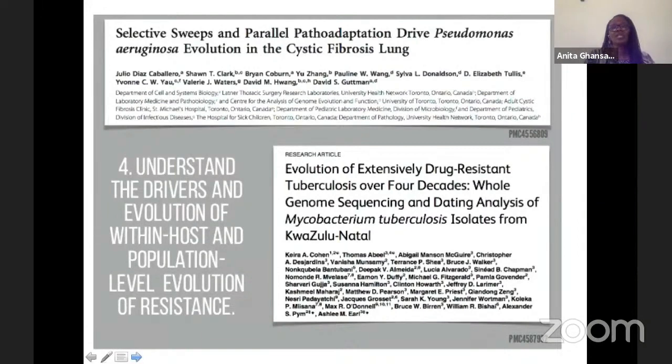And within the host, we look at heterogeneity within an individual with respect to the population. So if there is higher heterogeneity in the individual compared to the population, it may be interesting. This may be associated with resistance within the clones that the individual is carrying.